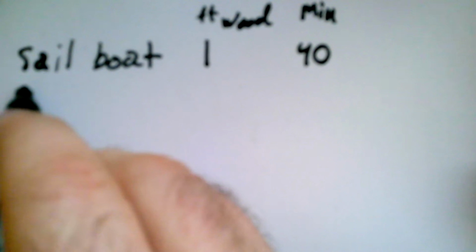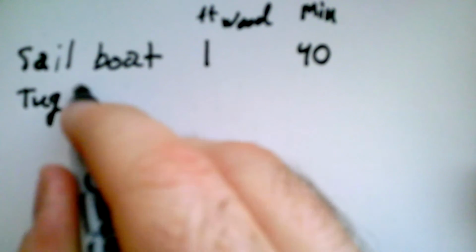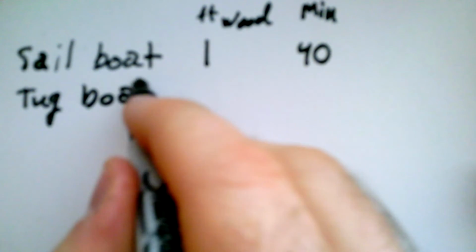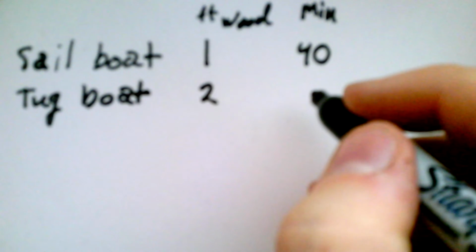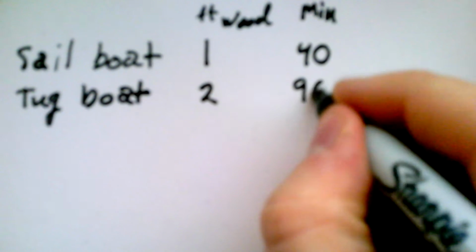And a tugboat is 2 feet of wood and 90 minutes of labor.